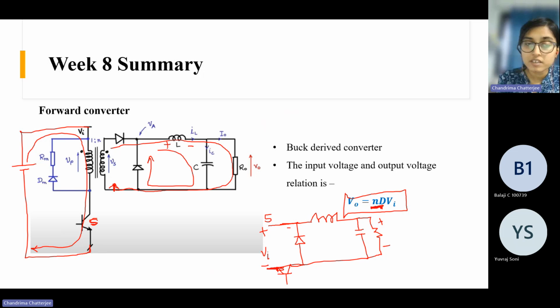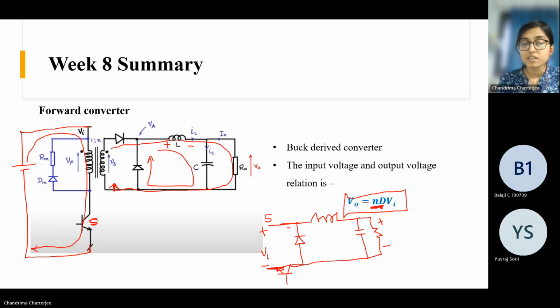But when the inductor is freewheeling, you need to reset that flux. You need to come back to the same point where you started, so that you can start the next cycle. That's why these additional components are here. This DM, this diode and this resistor are there so that it can get demagnetized.